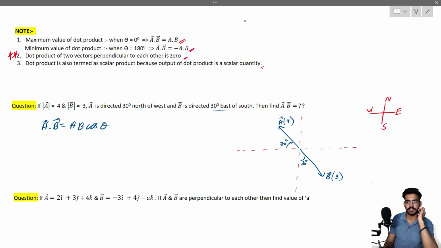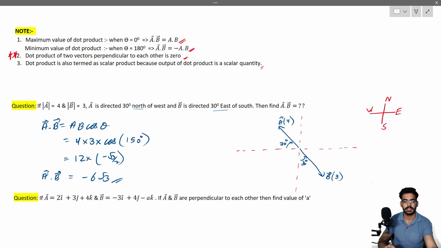The drawing of the vectors was for calculating the angle. a is 4, b is 3, and the angle between them is 90 plus 30 plus 30, which is 150. So 4 times 3 is 12, and cos 150 is minus root 3 by 2. That gives minus 6 root 3 for a dot b.